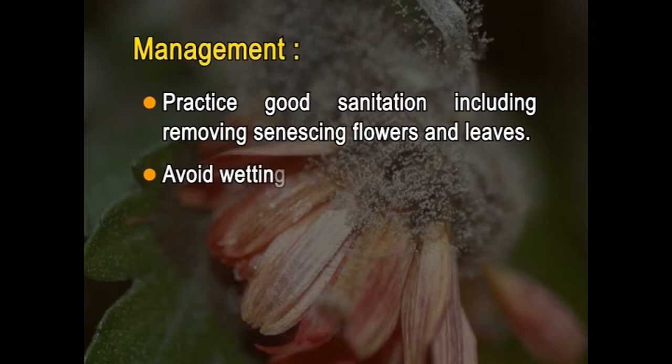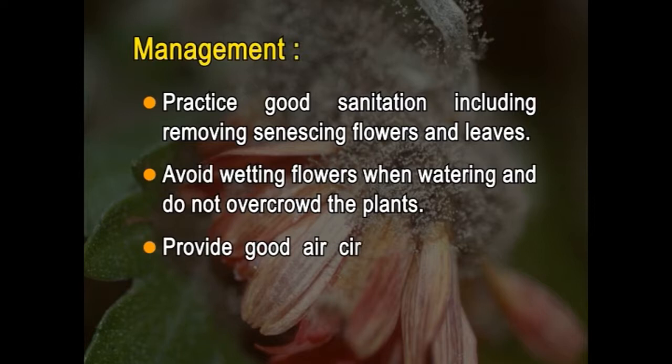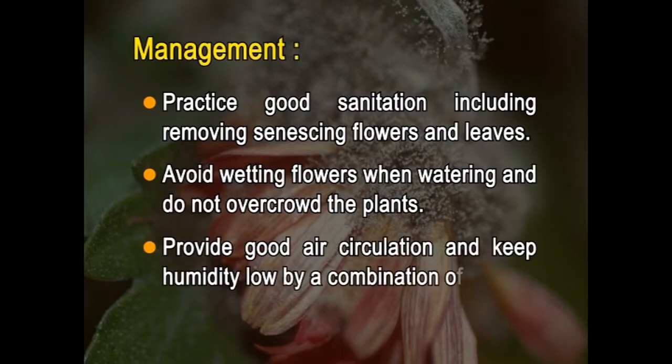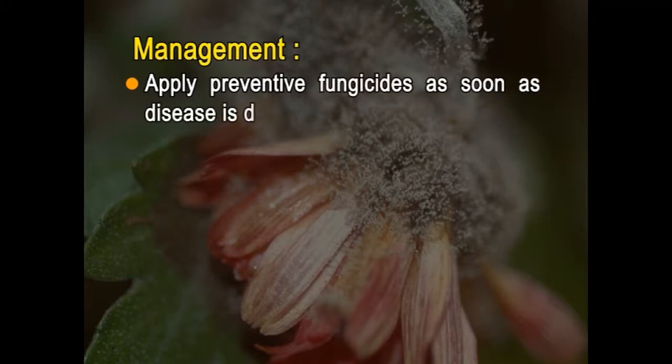Avoid wetting flowers when watering and do not overcrowd the plants. Provide good air circulation and keep humidity low by a combination of heating and venting. Apply preventive fungicide as soon as disease is detected.